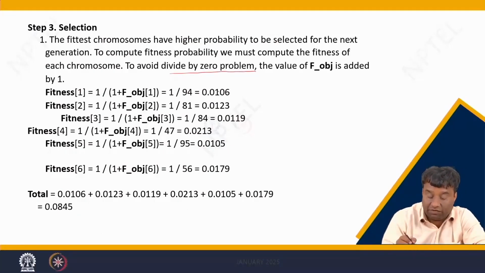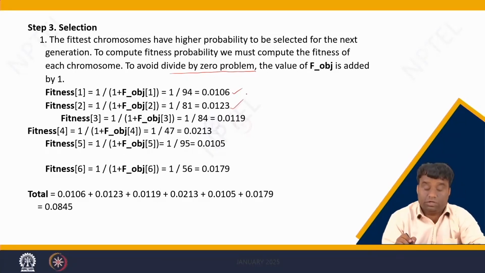So 1 by 94 is 0.0106. Fitness of 2 is 1 by 1 plus F objective 2, that is 1 by 81, which is 0.0123. Fitness value of 3 is 1 by 1 plus F objective 3, that is 1 by 84, 0.0119.